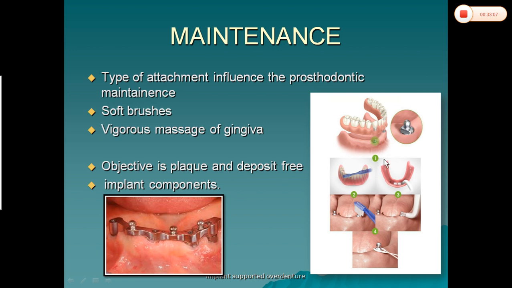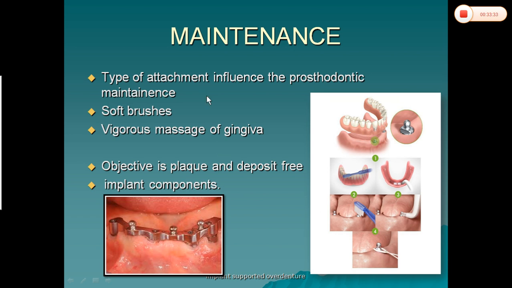The ball type of attachment for the dentures has to be cleaned with denture brushes. The under surface of dentures has to be cleaned with a soft brush. Then the tissue surrounding the implant has to be maintained with a soft brush, and around the implant, flossing has to be done to keep it plaque free.